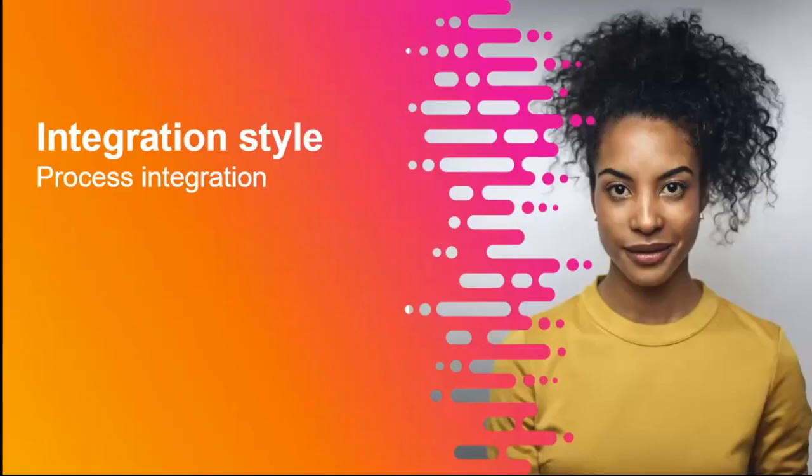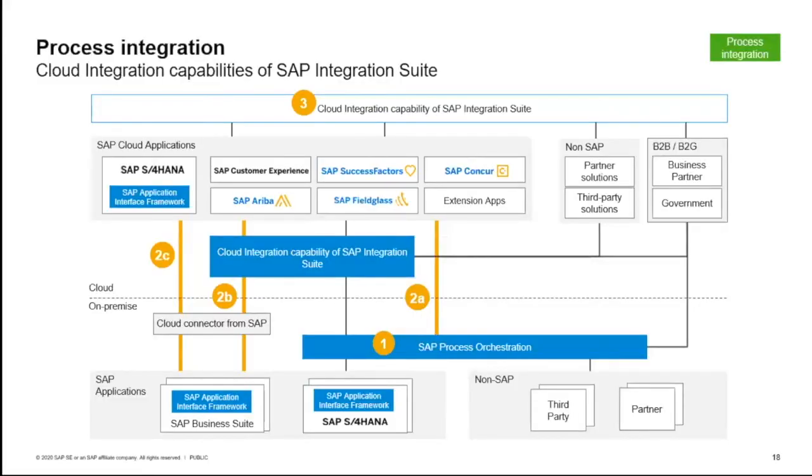Yeah, having said that, let's take a look at some of the examples of the integration guide, what kind of guidance we are giving along that. So let's start with the integration style for process integration, which is actually the most popular integration style among our customers.